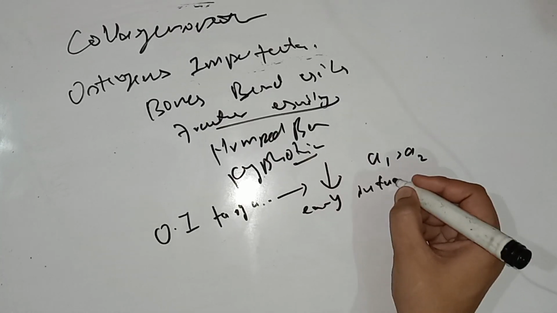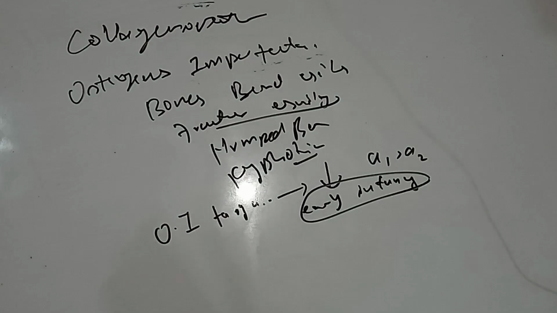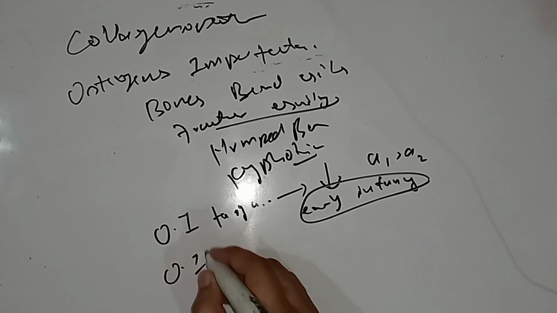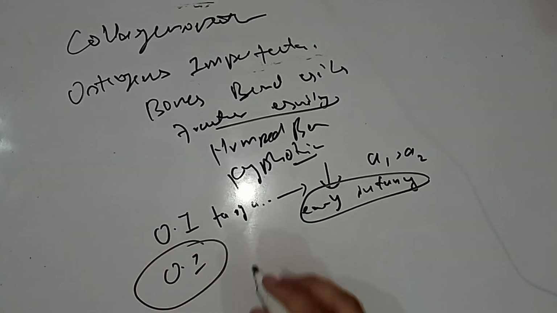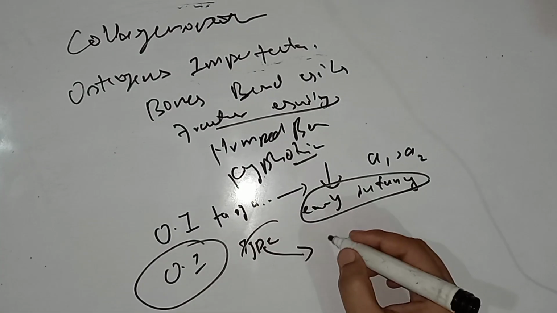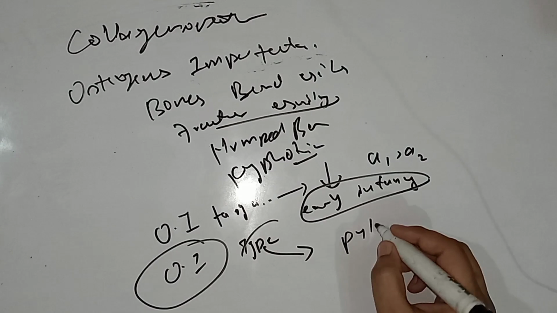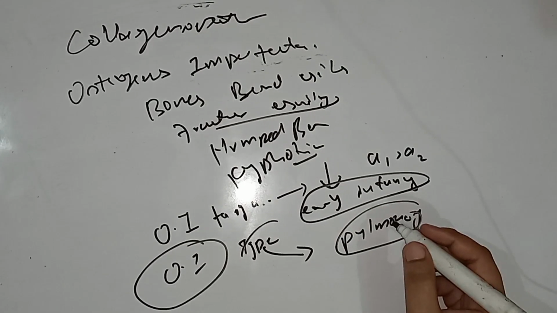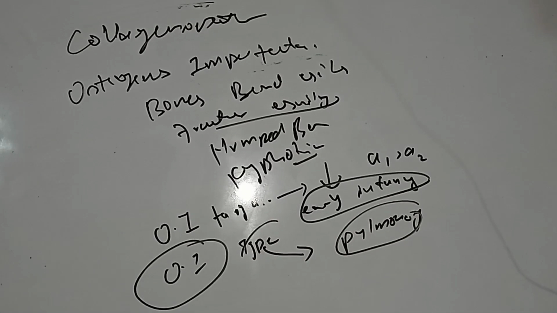For example, in intrauterine life, there can be fractures of the bones of the infant, and there is type 2 osteogenesis imperfecta. Type 2 is the more severe form. In this condition, there is also pulmonary hypoplasia in utero, and it can lead to the death of the fetus.